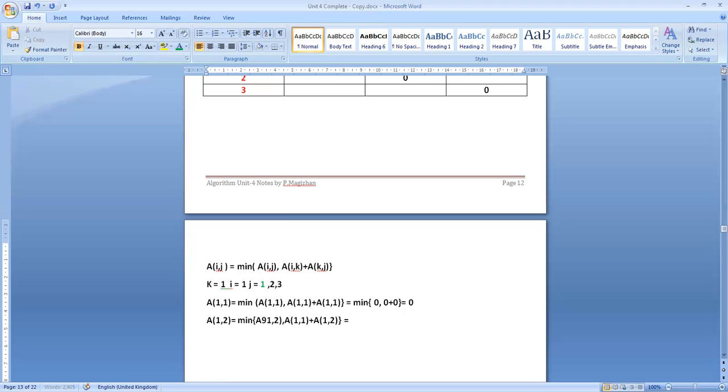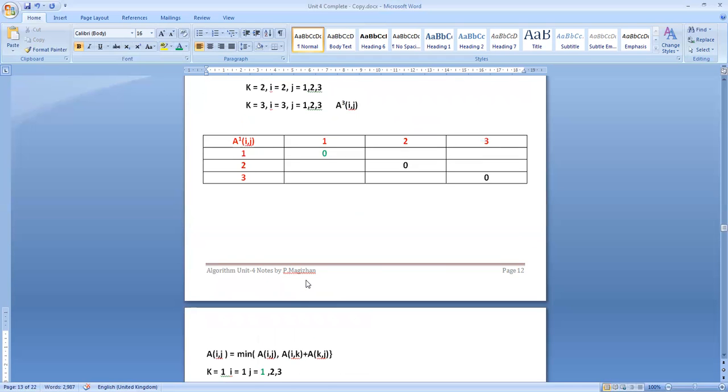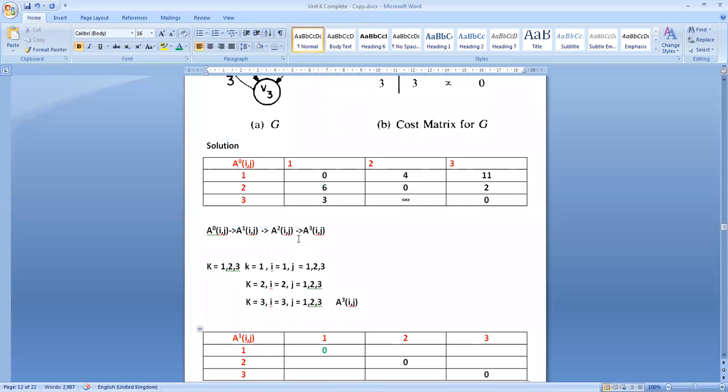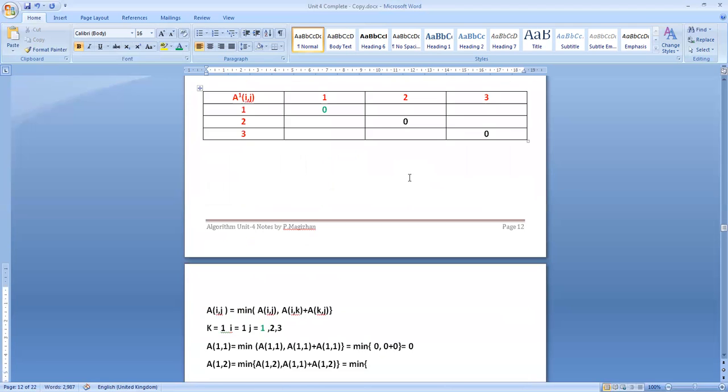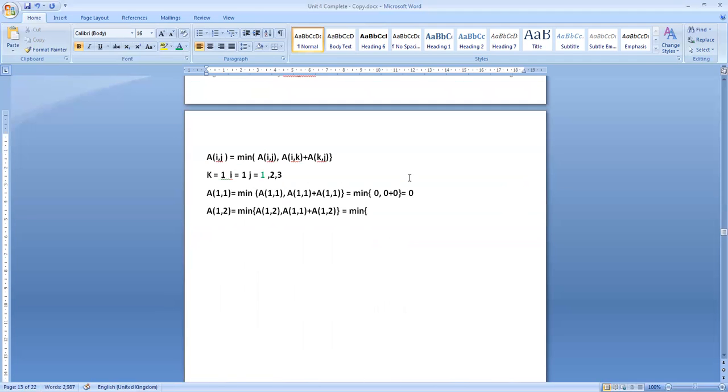It is equal to minimum of, what is this? A of 1 comma 2 here, a of 1 comma 2 is 4.